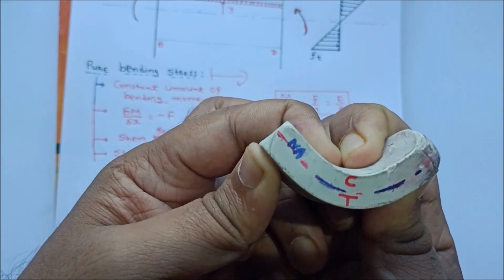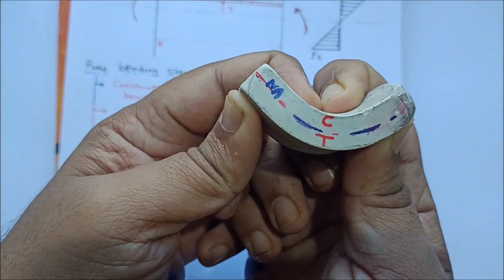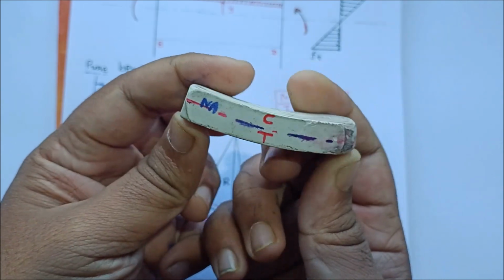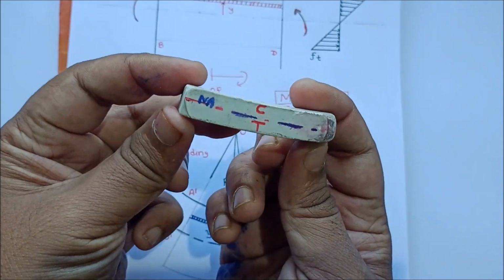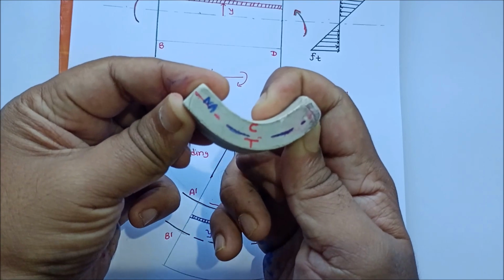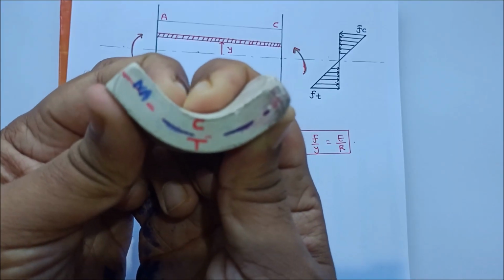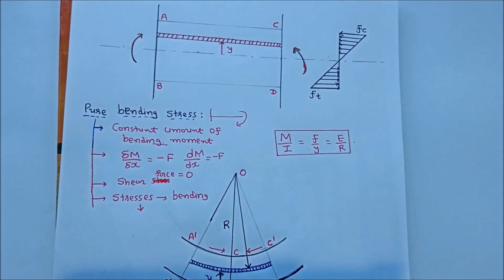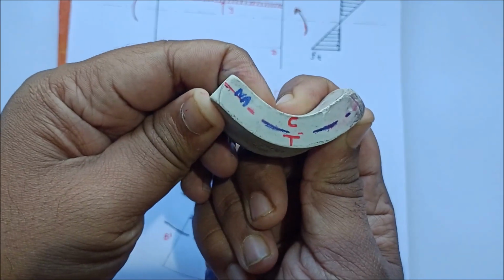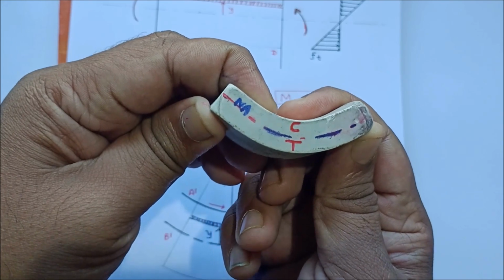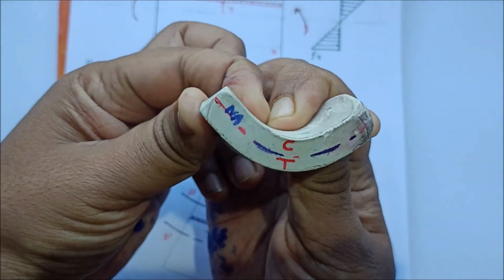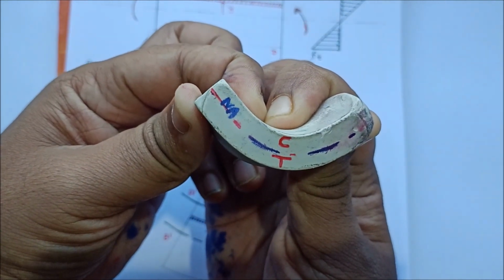Here you can clearly see that stresses above the neutral axis are compressive and stresses below the neutral axis are tensile, and at the neutral axis there is no stress of any kind. This is a sagging moment. So in our case we discuss sagging moment.